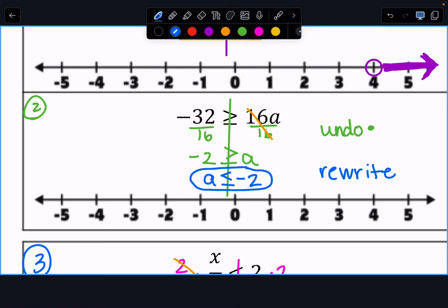You okay with that? Open or closed circle at negative 2? Closed. We have that equality, so we color in our circle. Since we're less than or equal to, we need to go to the left. We need to get smaller.